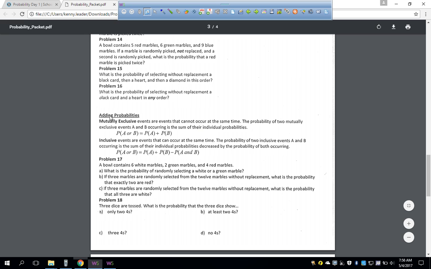The probability of two mutually exclusive events occurring, A or B, is the sum of their individual probabilities.